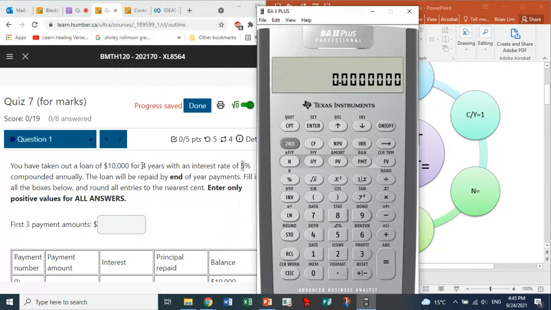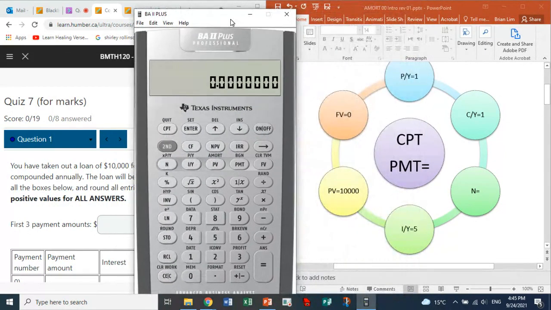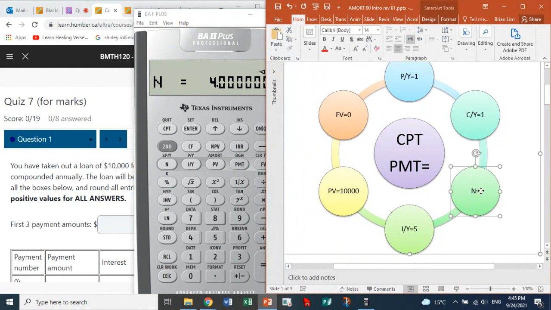It's for 4 years, so we move the calculator over, put in 4, second, and N. So N turns out to be 4. Let's put it in here. So we put in the value of 4, and we have a value for N.